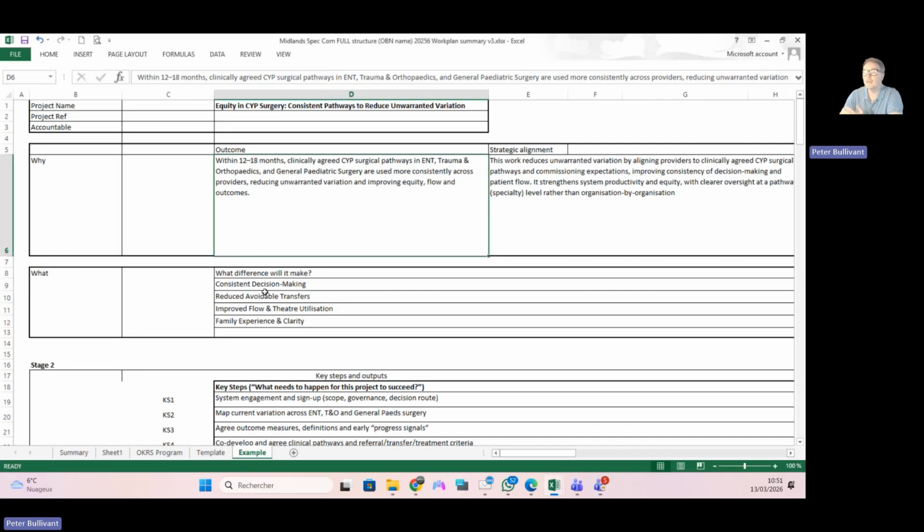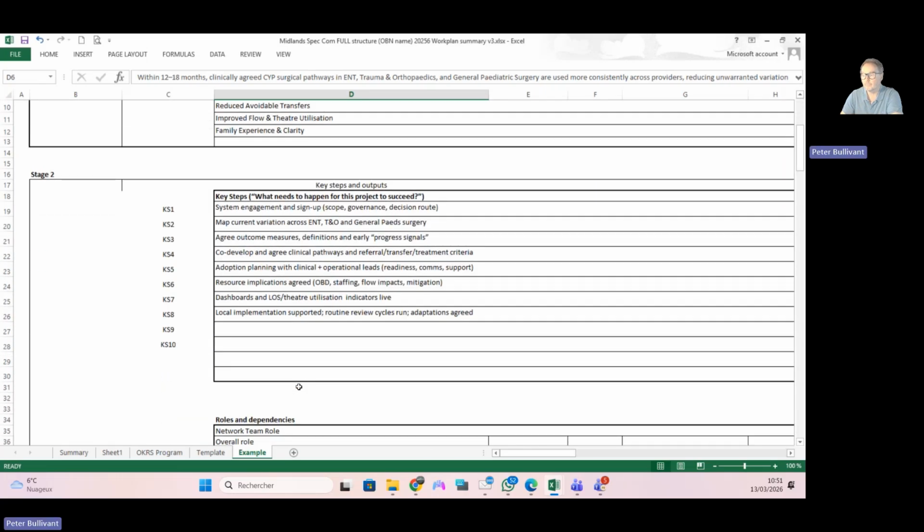What we're now asking you to do is the project activities and project deliverables as part of stage 2. The first thing we're asking you to do is describe the key steps. In the next 12 months, what key activities are you doing to support the achievement of the outcomes you've set above?